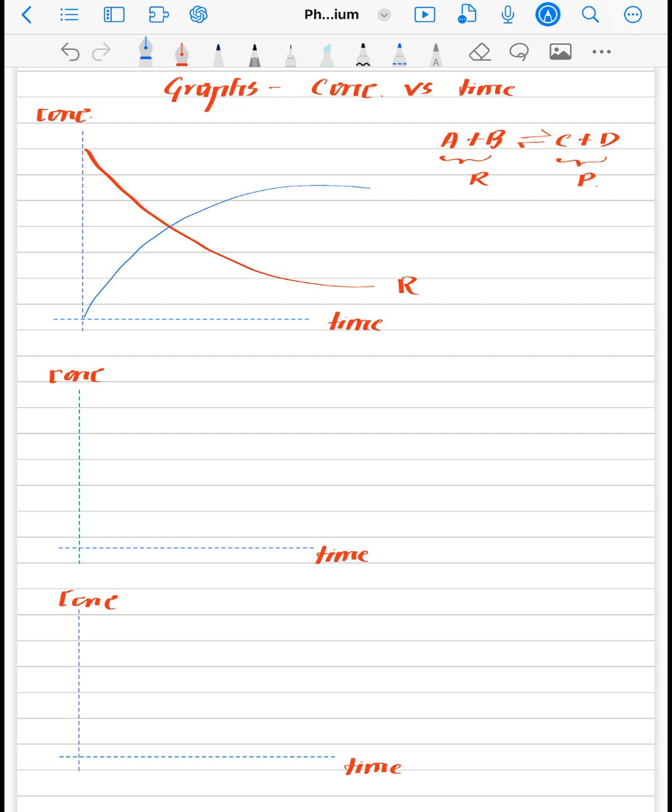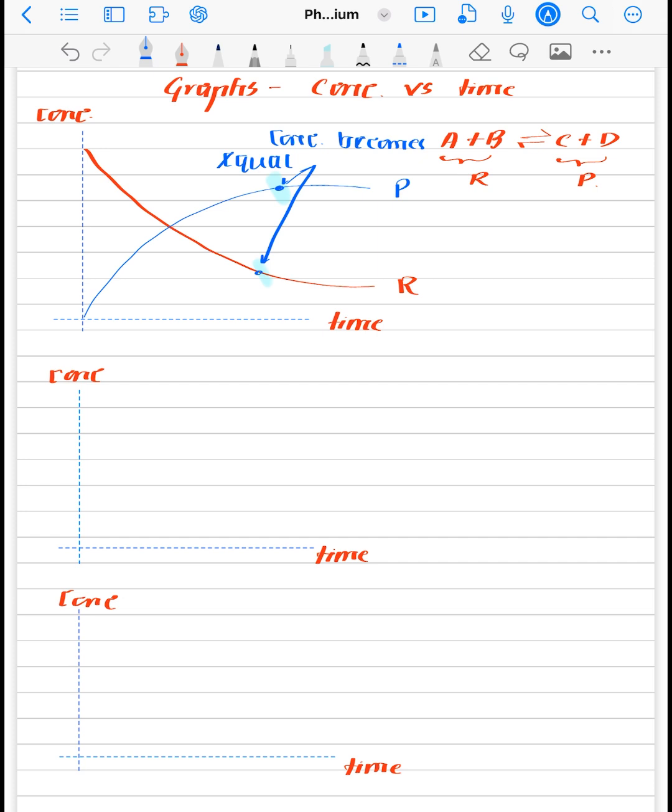Now here, if you observe the points over here, this point, this point, and this particular point. As one can observe, after these points, the concentration of the reactant is going to become constant, while the concentration of the product also is becoming constant. So, after this point, the concentration becomes equalized.